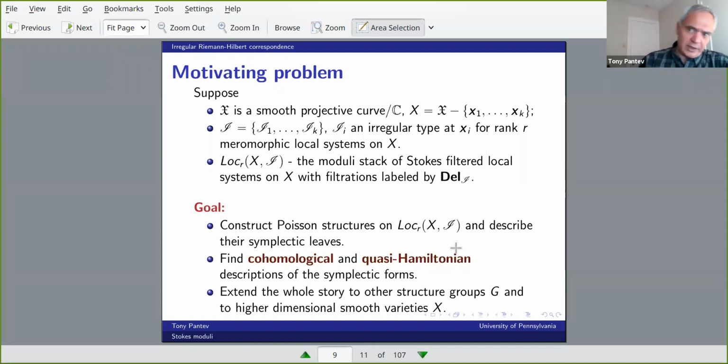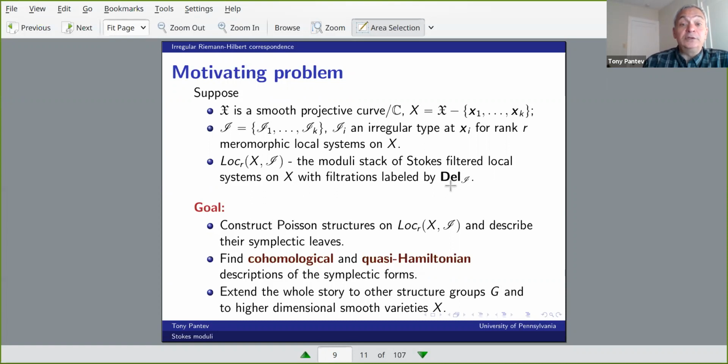Each of those irregular types gives you a Deligne sheaf, a constructible sheaf of posets on a circle around the puncture. And we look at the moduli stack of Stokes filtered local systems where at the punctures, the Stokes filtrations are labeled by those Deligne sheaves. So that's the moduli problem we want to study.